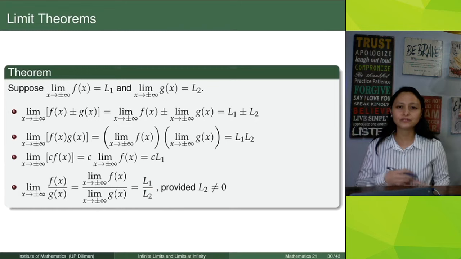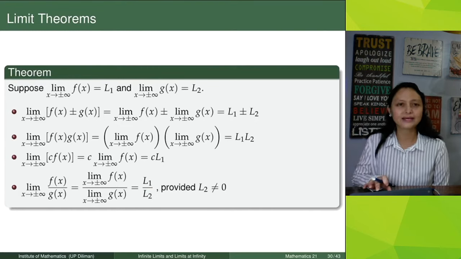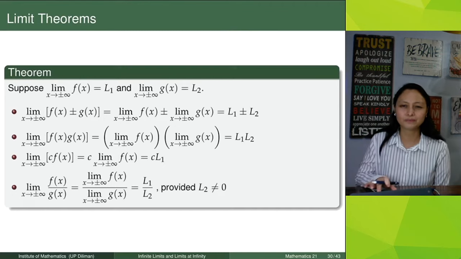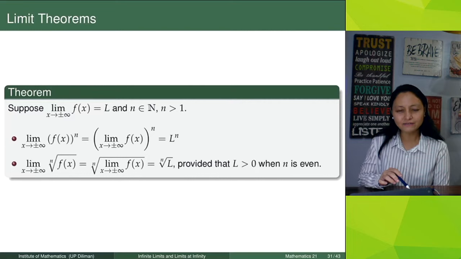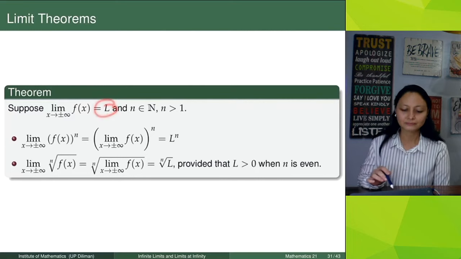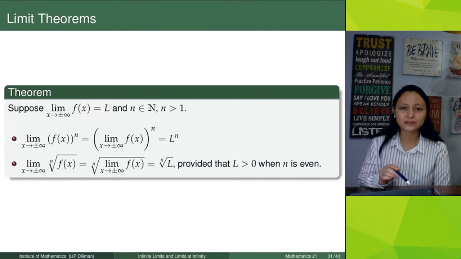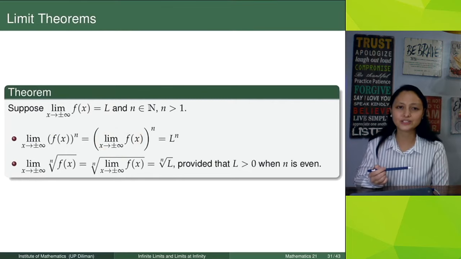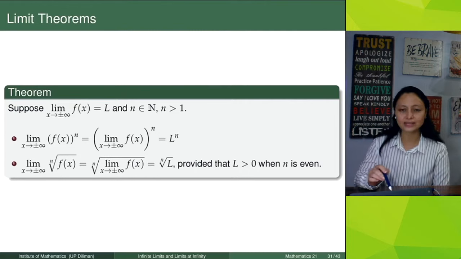So, ganun ha, yung previous theorems, limit theorems na na-discuss nyo dati, applicable din if you want x to approach plus or minus infinity. And so, if the limit of f of x as x approaches plus or minus infinity is L, and n is a natural number greater than 1, sinasabi sa theorem na to, pwede niyong kunin muna yung limit ng function as x approaches plus or minus infinity and then raise it to n.